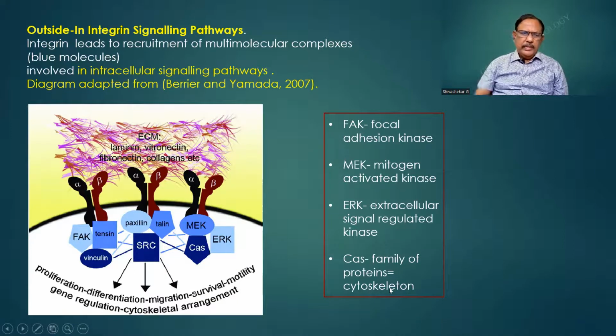So these are the things. They help the cell in proliferation, differentiation, migration, survival, motility, gene regulation, and also the cytoskeletal arrangement.